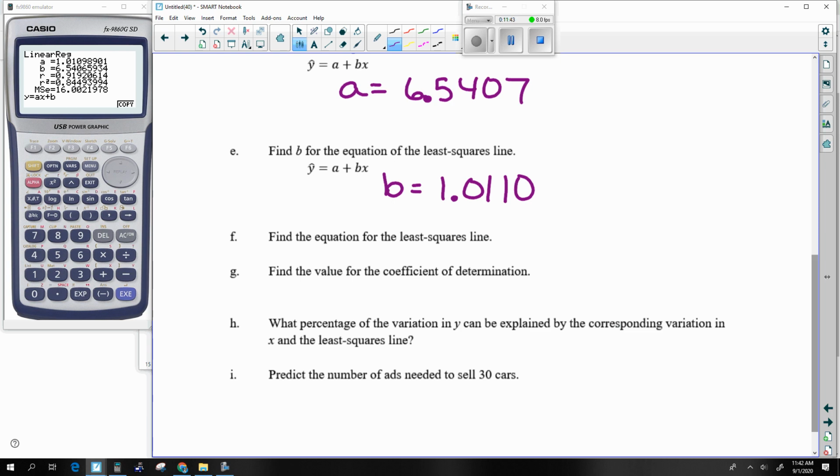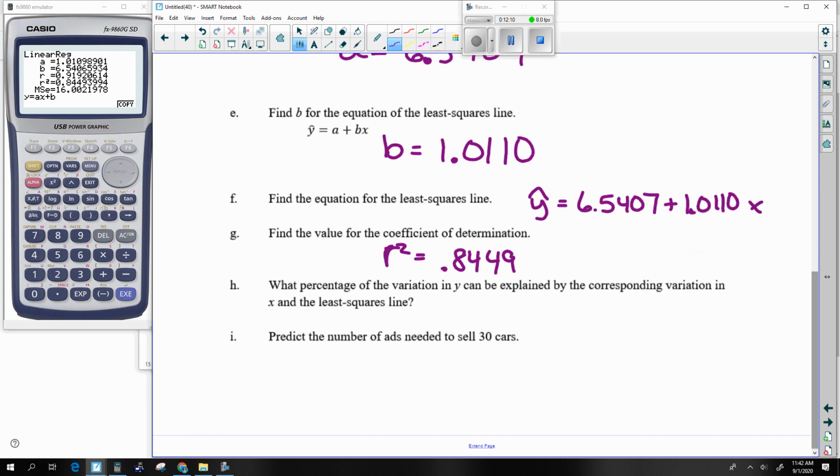The least squares line will be y hat is equal to A plus BX. The coefficient of determination, R squared, is equal to 0.8449.